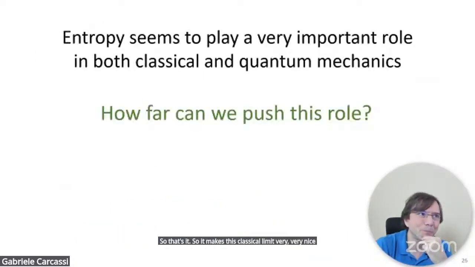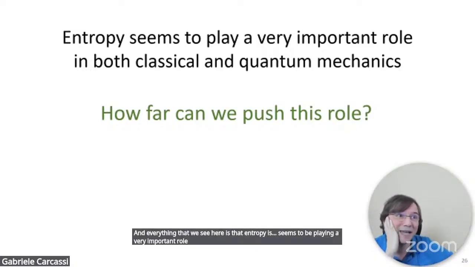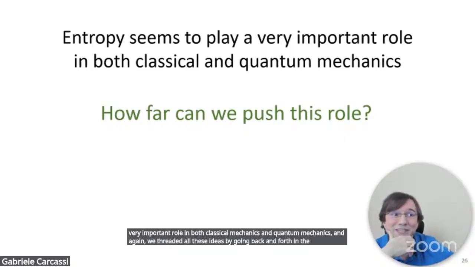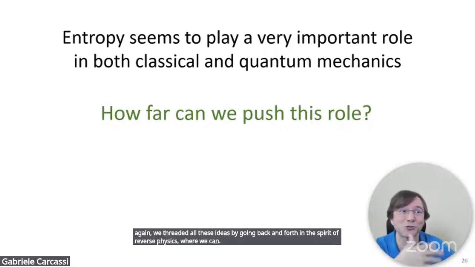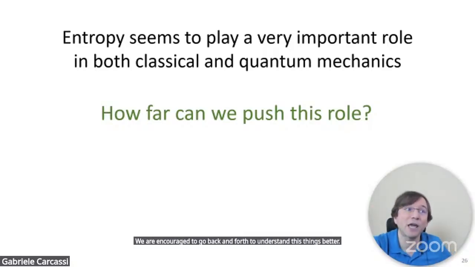Another thing that we see here is that entropy seems to be playing a very important role in both classical mechanics and quantum mechanics. Again, we threaded all these ideas by going back and forth, in the spirit of reverse physics, where we are encouraged to go back and forth to understand these things better. But how far can we push this role?